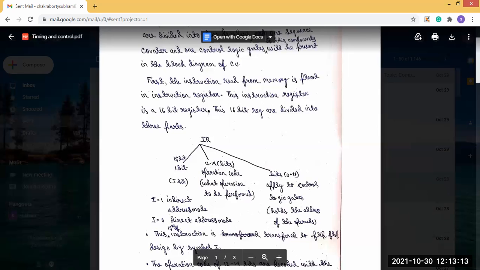We have two addressing modes: the indirect addressing mode and the direct addressing mode. If this bit is 1, that means I is equal to 1, and so it is indirect.